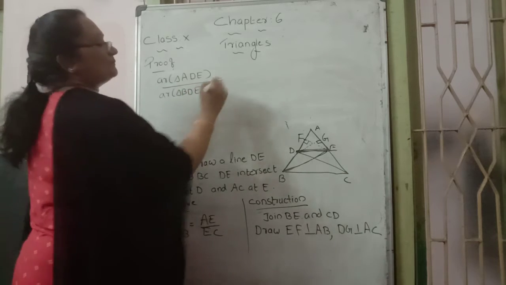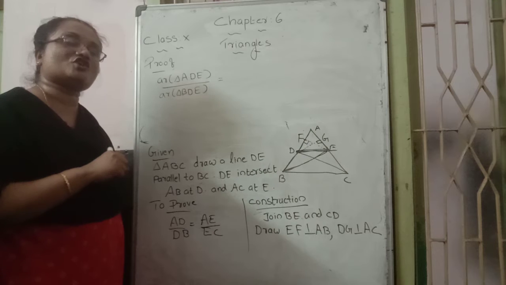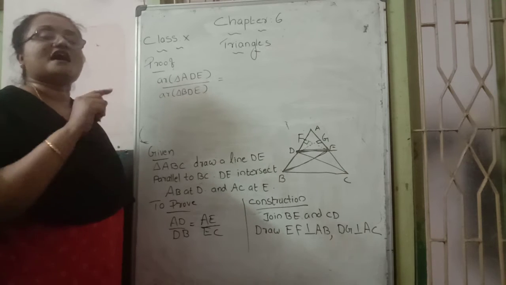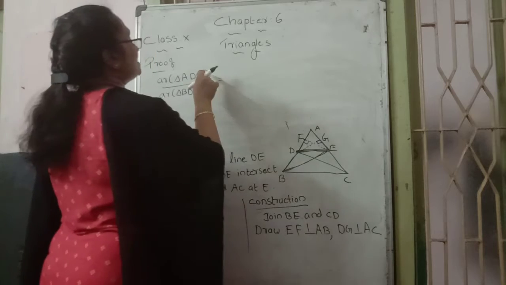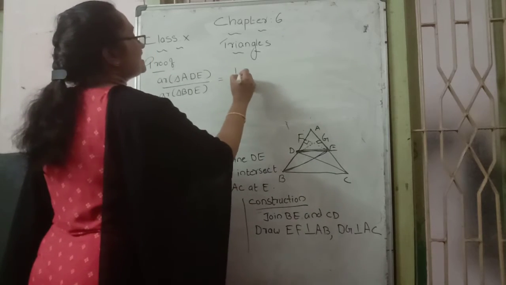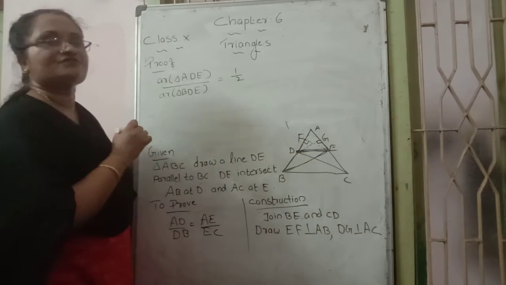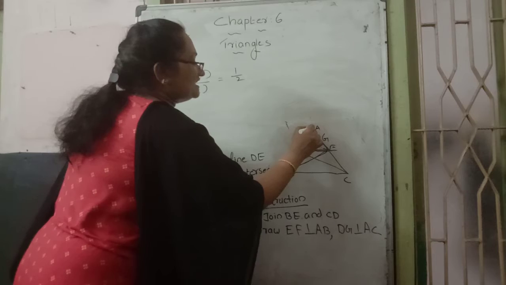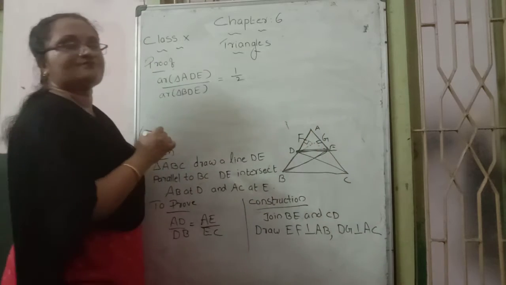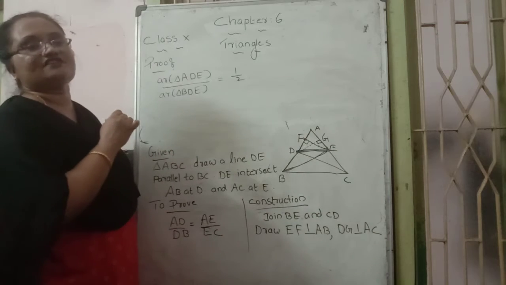Then we apply the area formula. What is the formula for finding the area of a triangle? Usually it is half into base into height. First, in the numerator, triangle ADE: with respect to ADE, AD is the base and the height is EF.